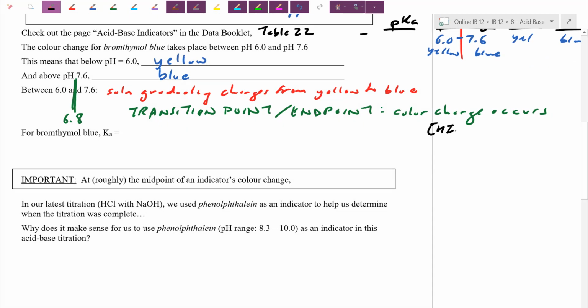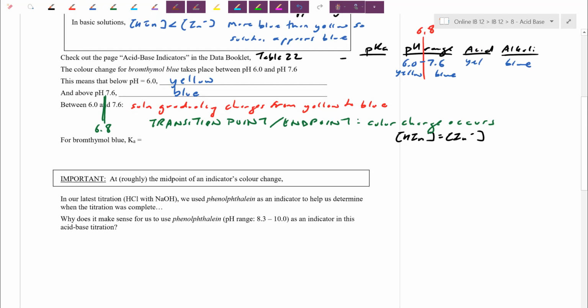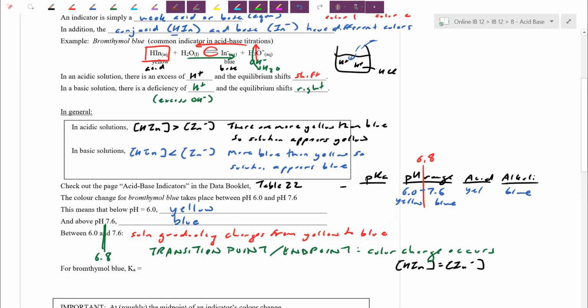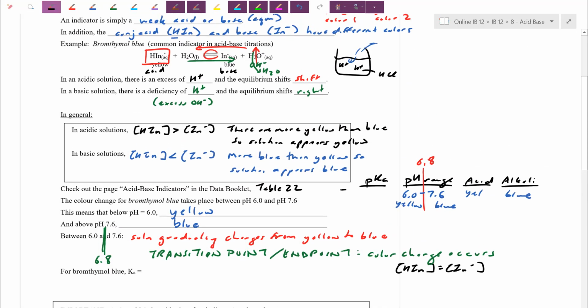At that point, the HIn in the yellow form has to have matched up with the In minus form. Right? So if I take a look at this generic indicator equation here, with the indicator acting as an acid, I can actually write the Ka expression. So the Ka would actually be the base form times the hydronium divided by the HIn.